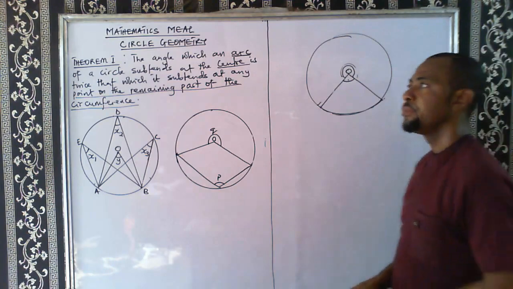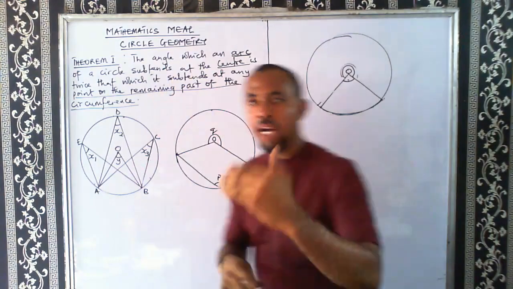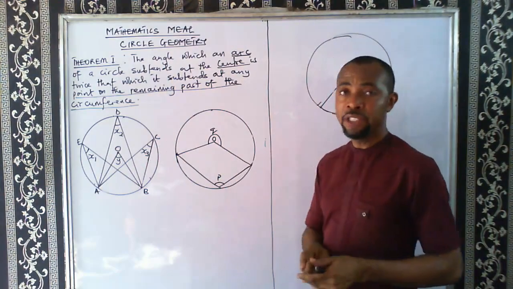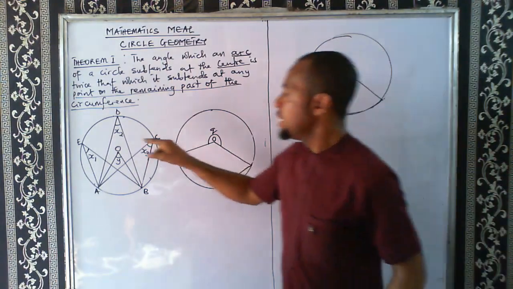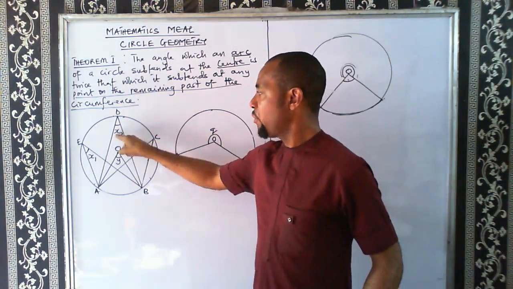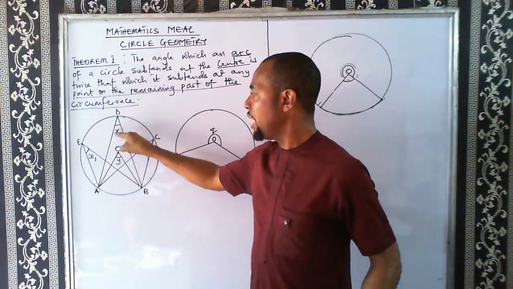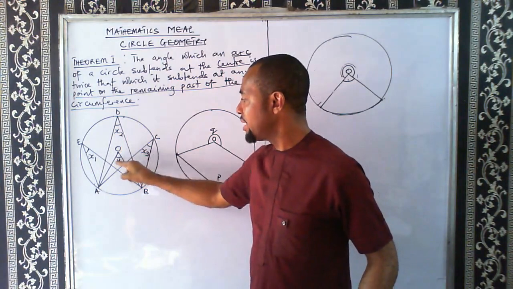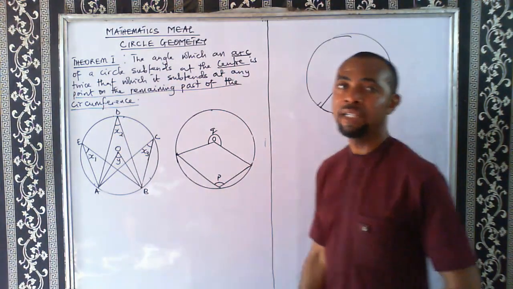Okay, since we have said that, we can now begin to talk about this theorem. What this theorem is saying is that twice the angle at the circumference is equal to the angle at the center, if the angle at the circumference and the angle at the center originated from the same arc.